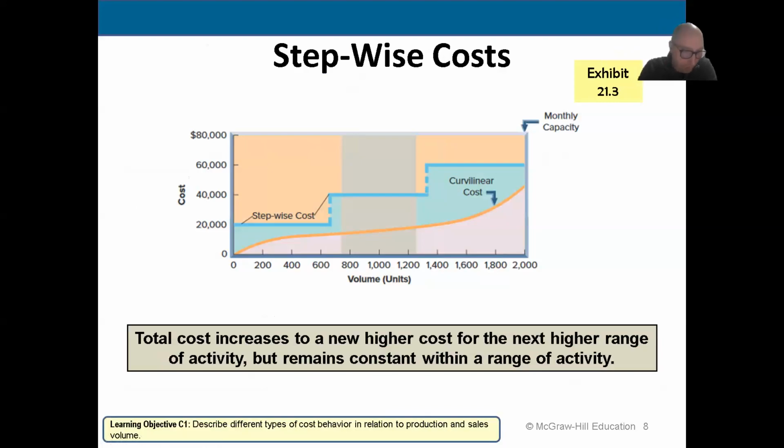Some cost structures might also include what we call a stepwise cost system. It sounds kind of silly, right? Here's the example I'm going to use to explain this. Think of your cell phone plans. Your cell phone carrier will say, your monthly bill is $40 per month with 1 gigabyte of data per month.